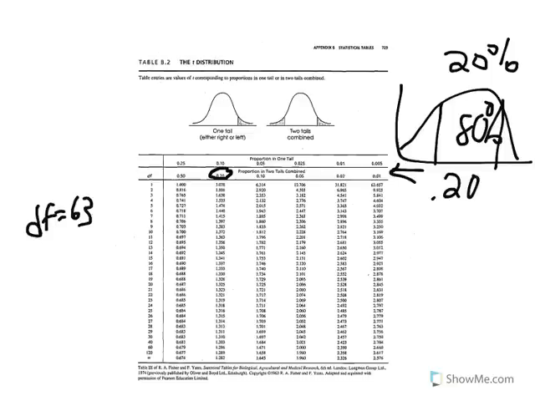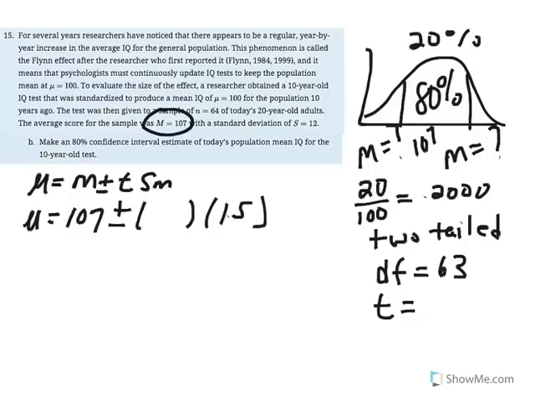We don't have 63. We're going to use 60, so that places us here. And we're going to see where those two things intersect, and it would be here. So we're talking about a t equal to 1.296. Okay, so we've just concluded that our t is equal to 1.296.